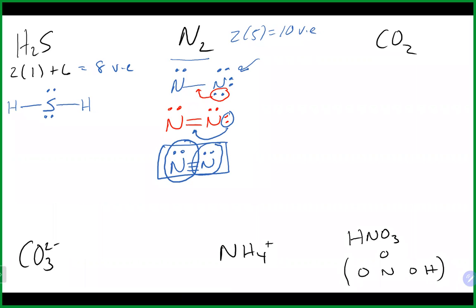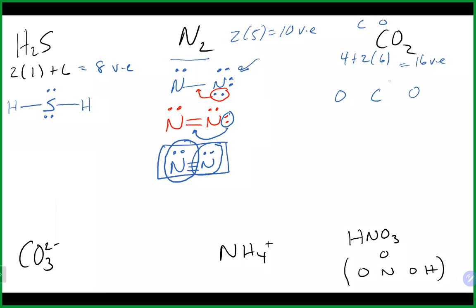All right, looking at CO2, carbon is group 4, and there's 2 oxygens, which is 6 each, and that's 16 valence electrons here. Once again, carbon and oxygen are in the same row on the periodic table, with oxygen being further to the right, which means carbon should go in the middle because it's the least electronegative. So we'll put carbon in the center and the oxygens on the outside.